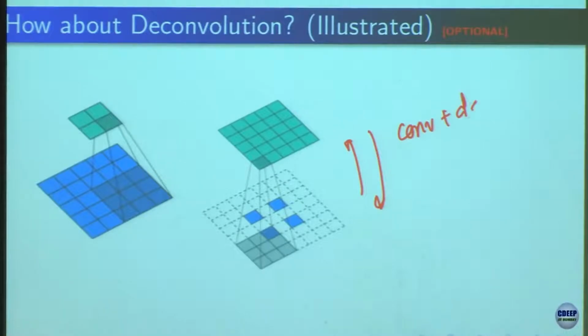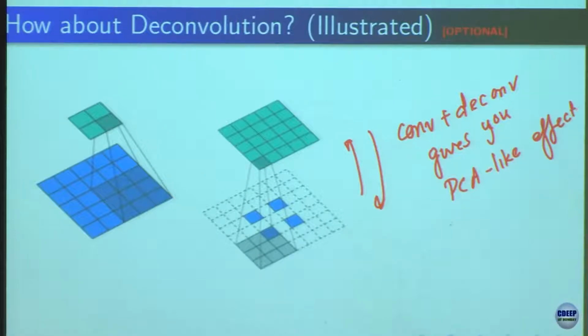Con plus decon gives you PCA like effect. Okay, so this is really a part of also unsupervised learning. I mean, if you were to put together convolution followed by deconvolution.